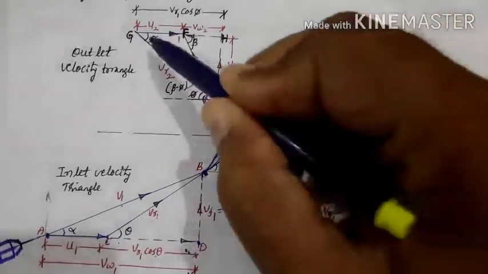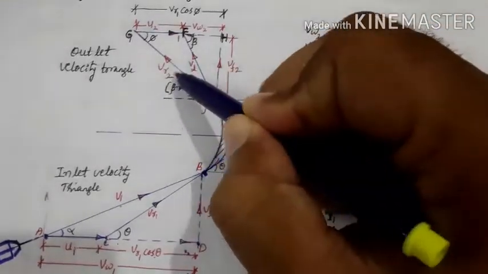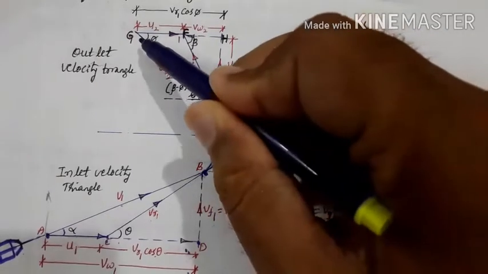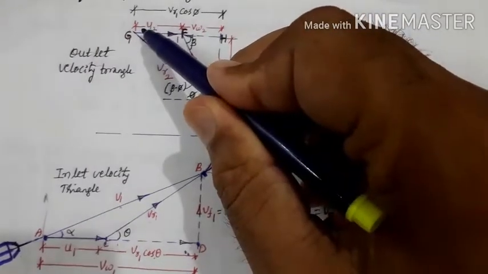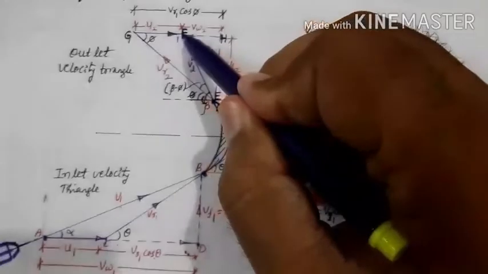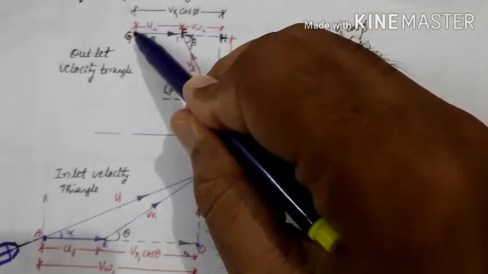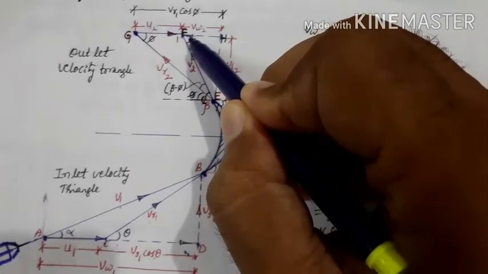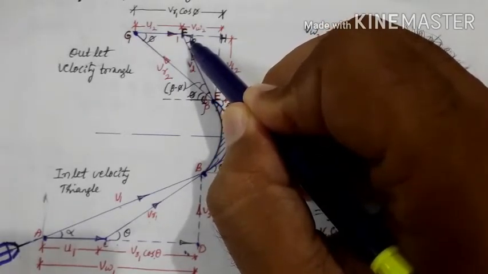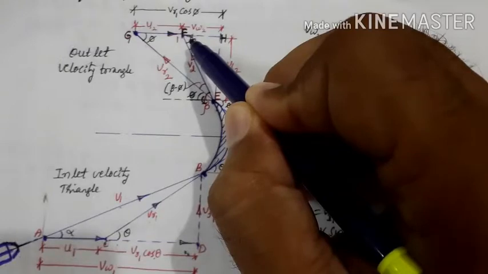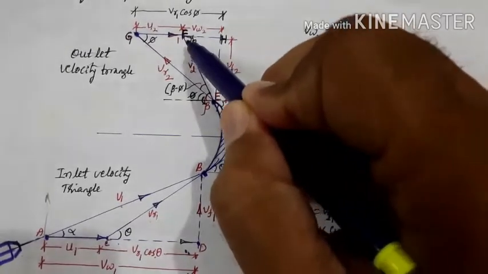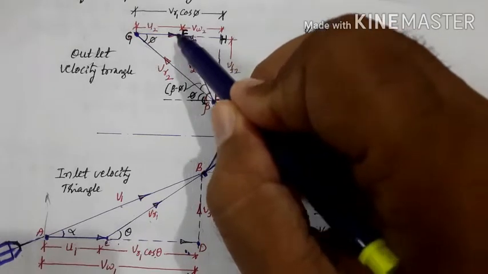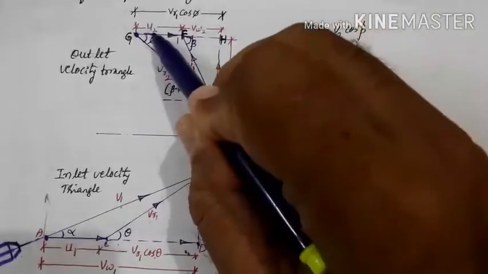Then from G, draw a line GF, marked here as F, in the direction of the vane at outlet, and equal to U2.